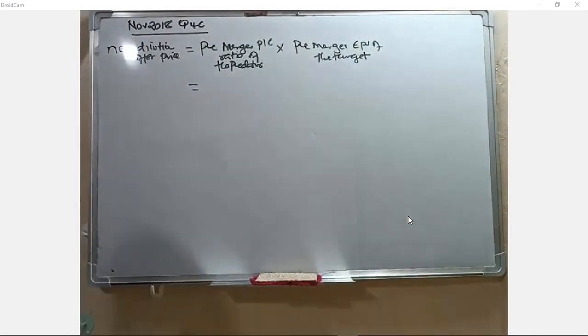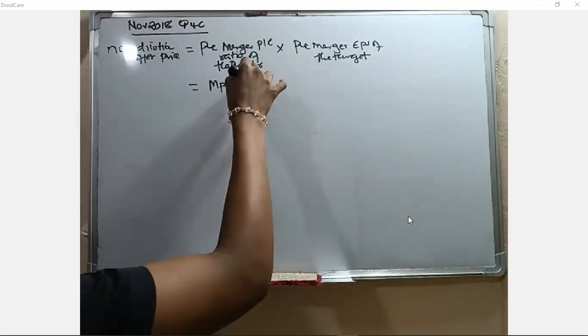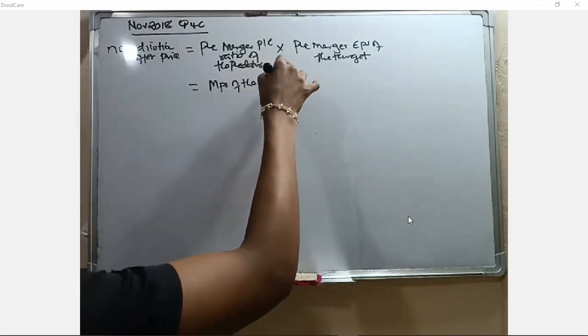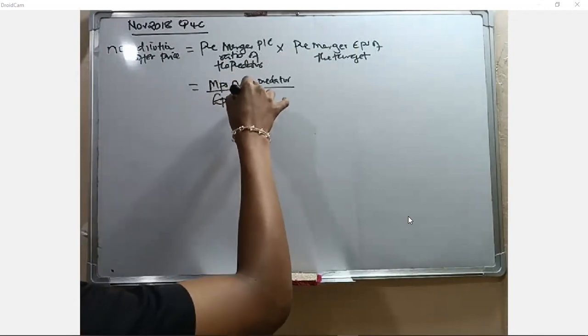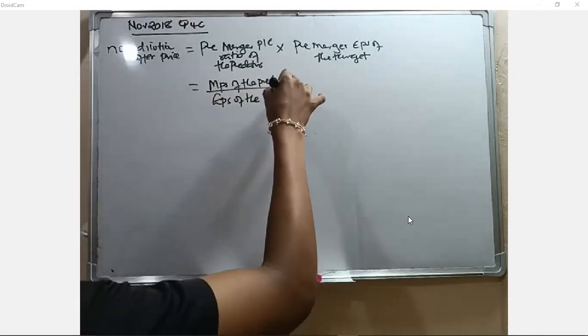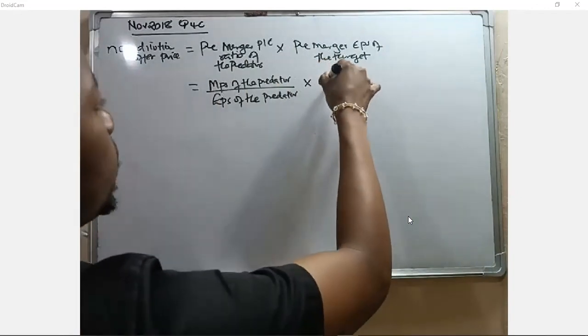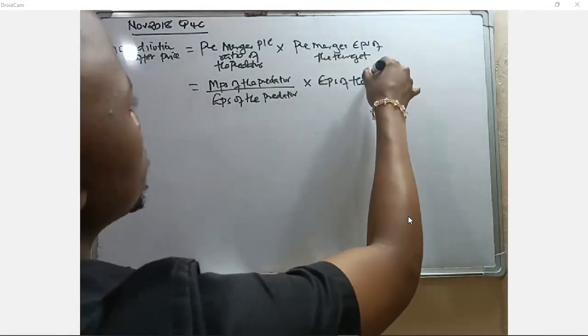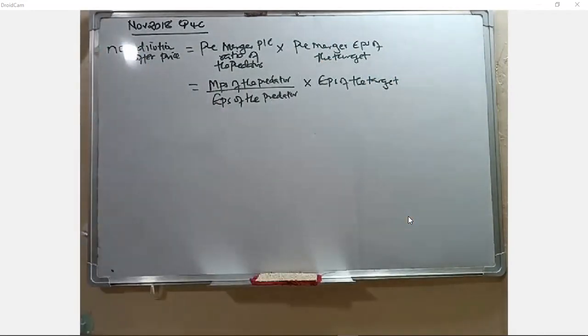In simple terms, it means I get it by taking the market price per share of the predator, dividing by the earnings per share of the predator, then multiplying by the earnings per share of the target. Let's put it in a very simple manner.